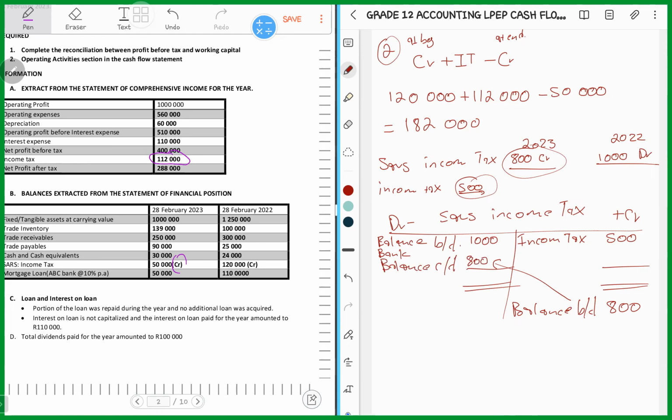Then if it's like this, it's impossible because my income tax is less. So let me just try to put it as 3,000.